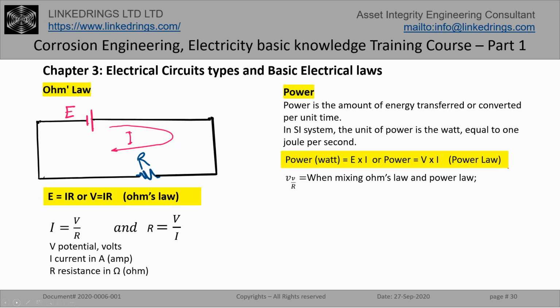When mixing Ohm's law and the power law, V divided by R is equal to the current.